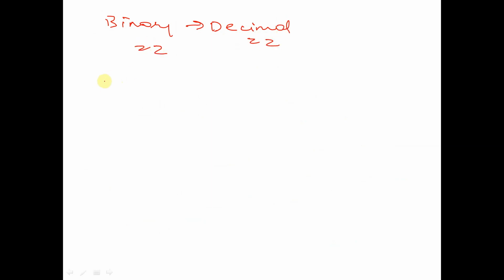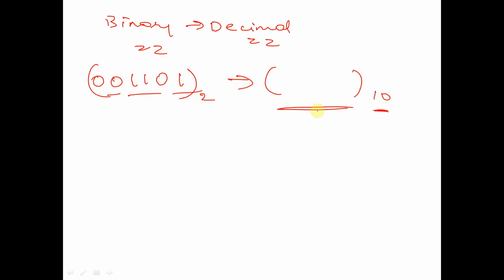If we have a binary number, say 0 0 1 1 0 1 to the base 2. In binary number systems we have only zeros and ones, and if we want to convert it into a decimal number system, base 10, then we simply add the weights of individual digits.